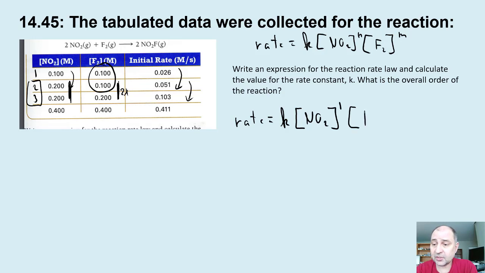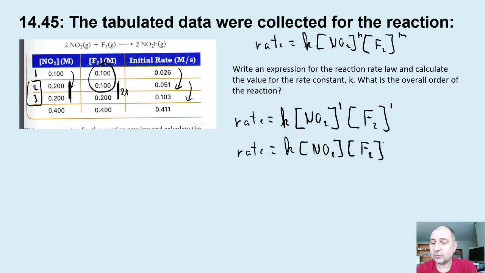So the second reagent, F2, also to the first power. And of course, you don't need to write those exponents there. It's just K times the concentration of NO2 times the concentration of F2. And so it's overall second order because you're just adding up those exponents. So overall it's second order.